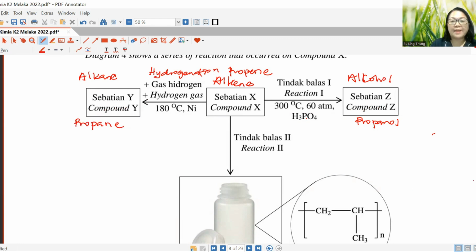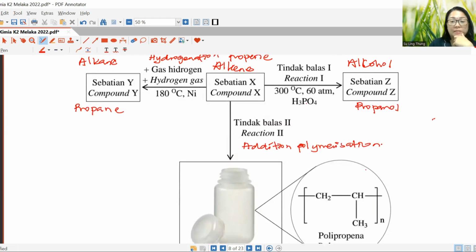And reaction 2 is what we call addition polymerization. At your stage, you need to mention what type of polymerization. You cannot just mention polymerization because you are learning 2 types: one is condensation polymerization and another one is addition polymerization.